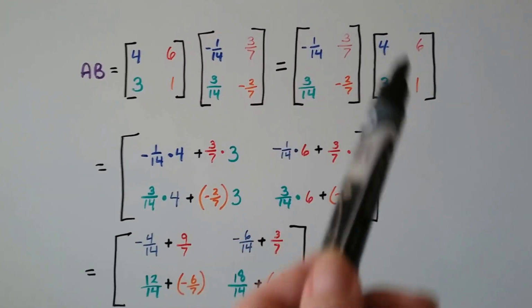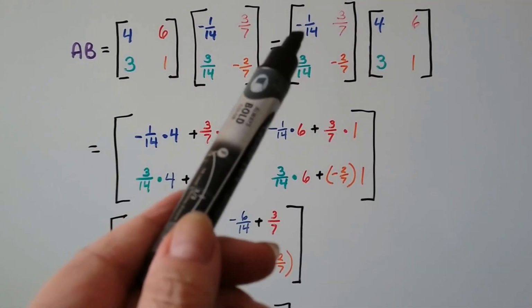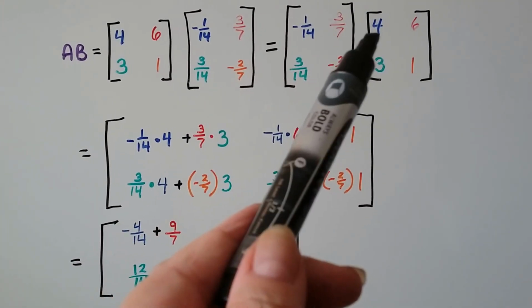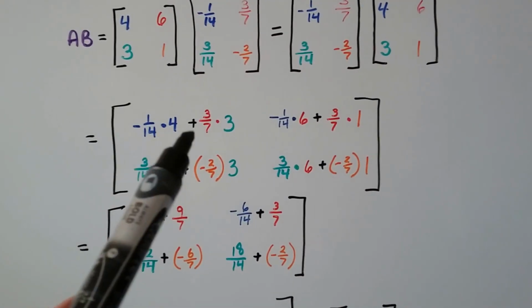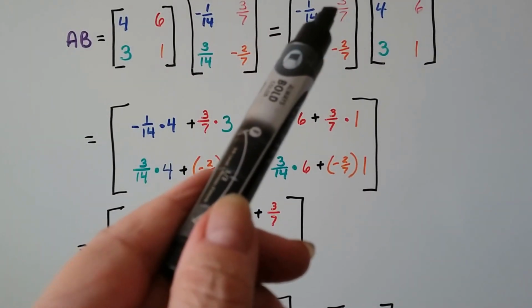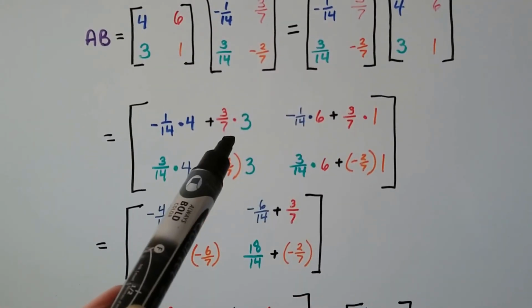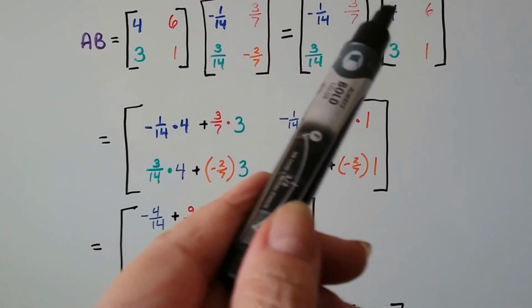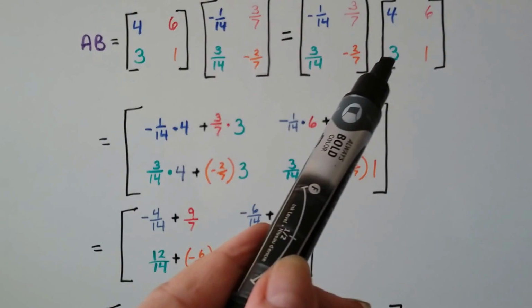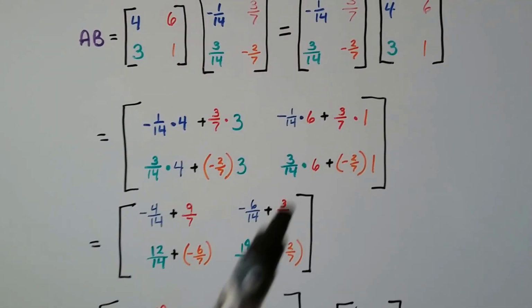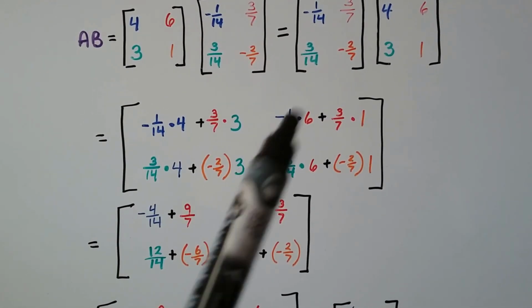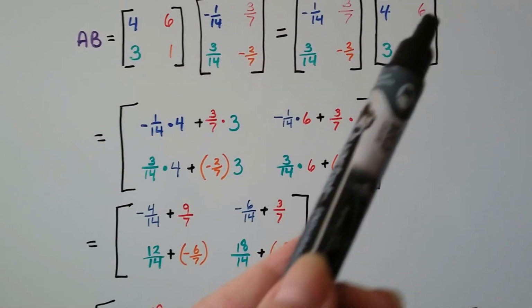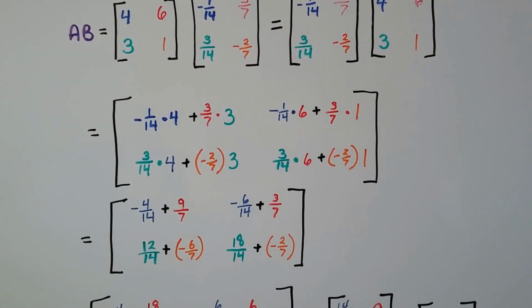We're going to take this negative 1/14 and multiply it by 4, and add that to the 3/7 times the 3. See? We do this one to this one and then this one to this one. We come down the column.